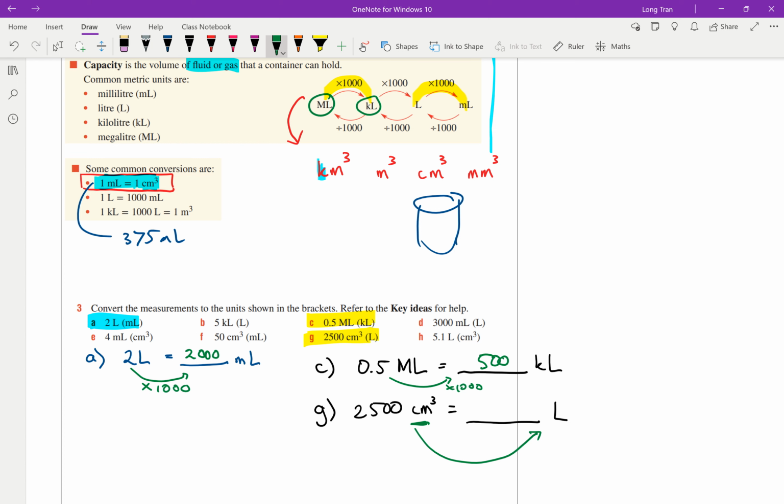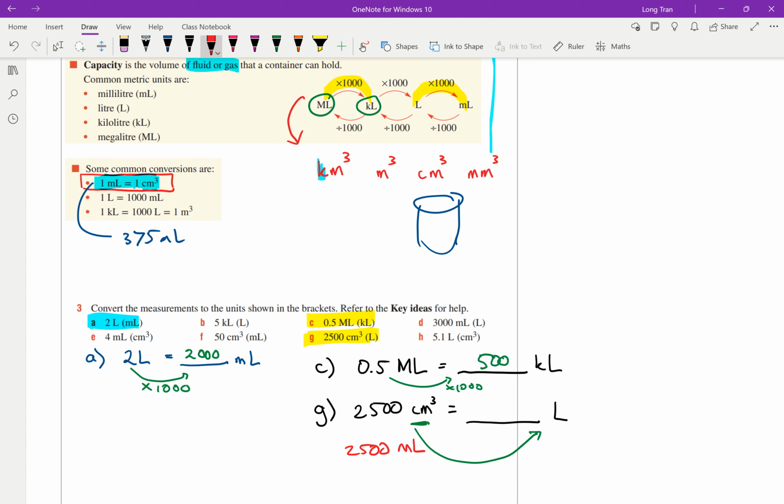So you've got 2,500 cubic centimeters. And we know from here, this is a 1-to-1. 1 mil is equivalent to 1 cubic centimeter. So if I have 2,500 cubic centimeters, how many mils is that? Very good, Ryder. So we now know this is 2,500 milliliters.